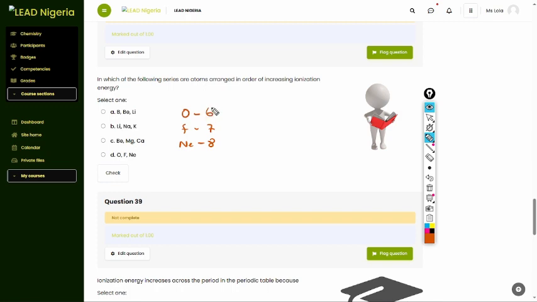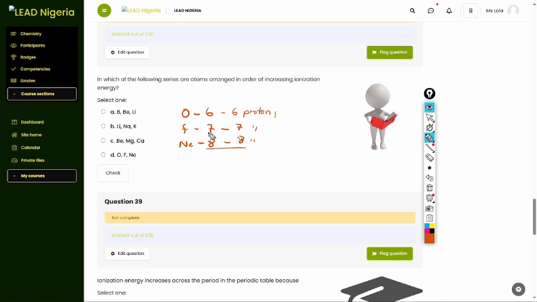And as the atomic number is increasing, so does the nuclear charge, because oxygen has 6 protons in the nucleus, fluorine has 7 protons, and neon has 8 protons. Protons are positively charged, so the charge in the nucleus is also increasing. And as the charge increases, there is a stronger attraction between the proton and the electron. So neon has a strong attraction between the nucleus and the electron, and it's very difficult to knock out the electron in neon.